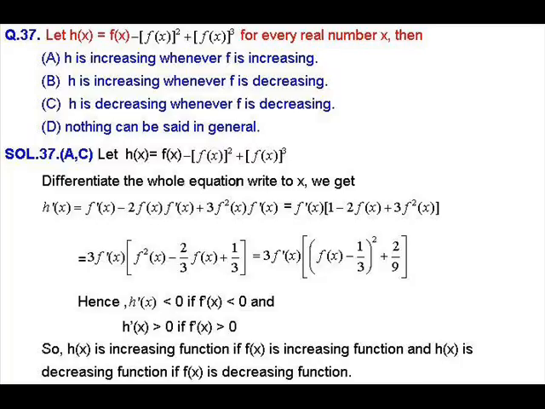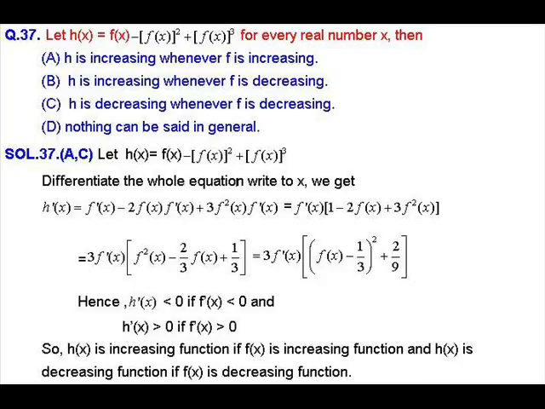We know if f is any function defined on some domain, then f is increasing in the respective domain if the derivative of f is strictly greater than 0 in the domain, and f is decreasing if the derivative of f is strictly less than 0 in the domain.